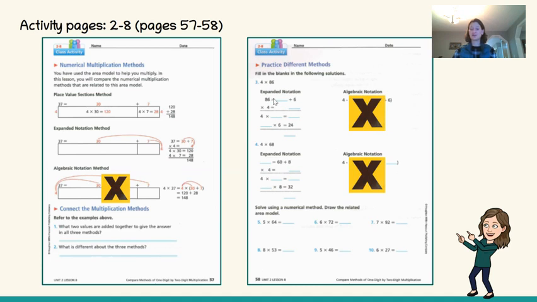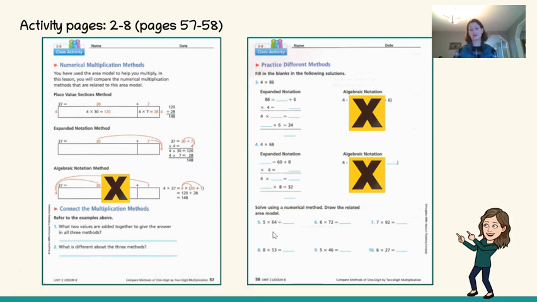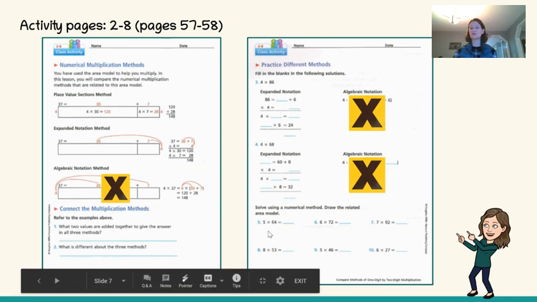Use expanded notation to solve 4 times 86 and 4 times 68. That's a good review practice for you. Then questions 5 through 10, you can solve either using the place value sections method or the expanded notation method. Choose the one that works best for you. And you can also draw the related area model. You'll have to fit the little rectangle in there too.